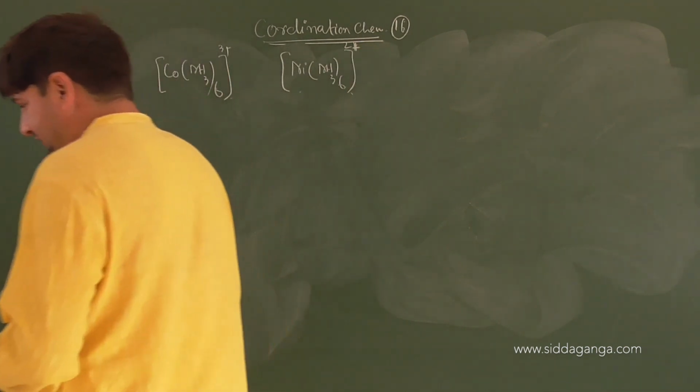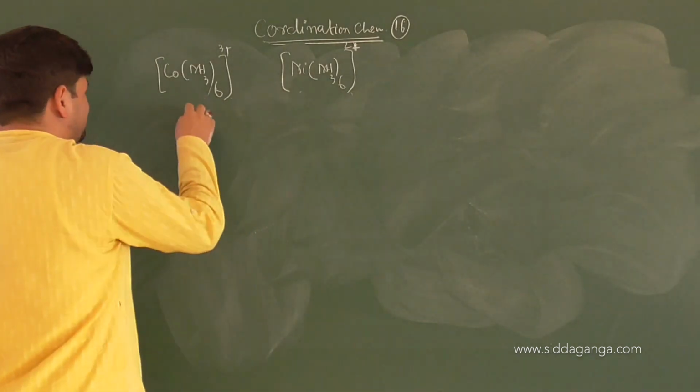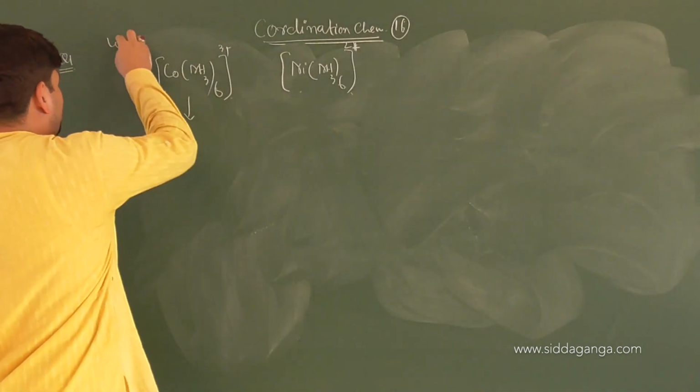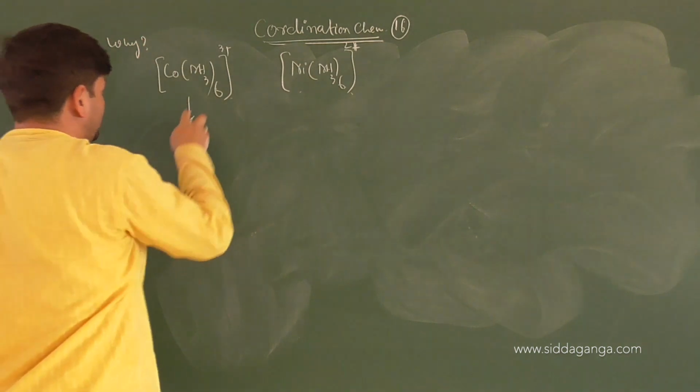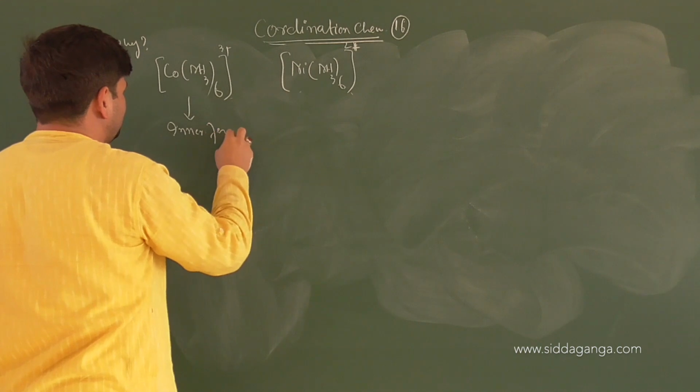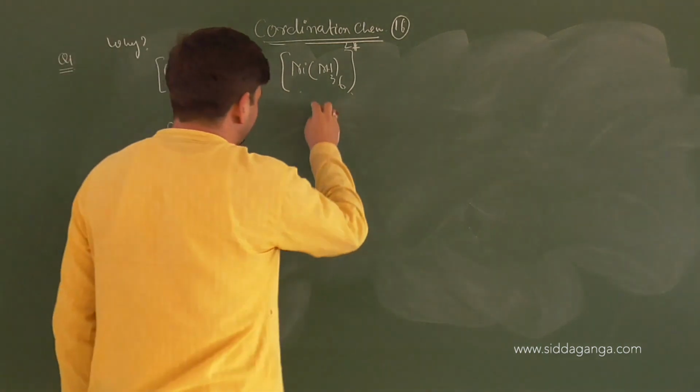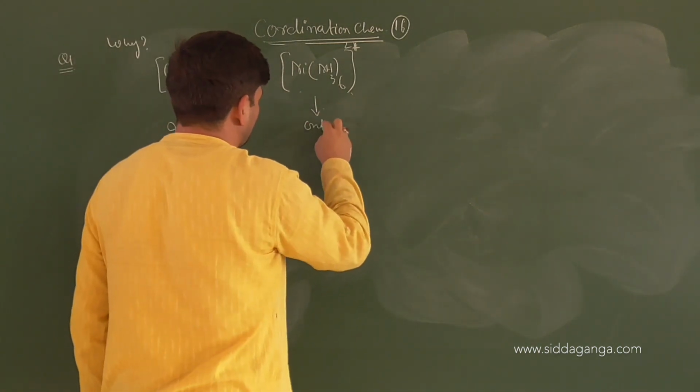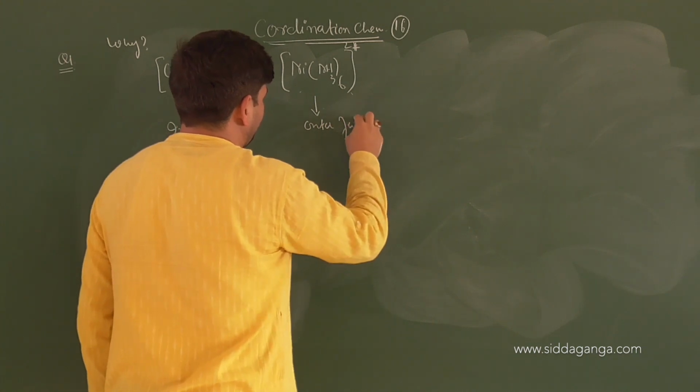According to the question they are asking us, why is this one inner field and this one outer field?